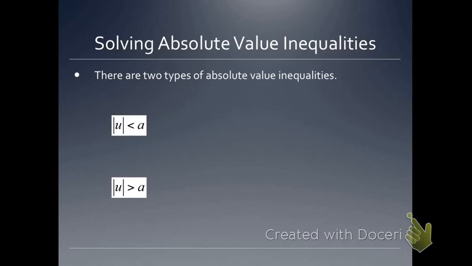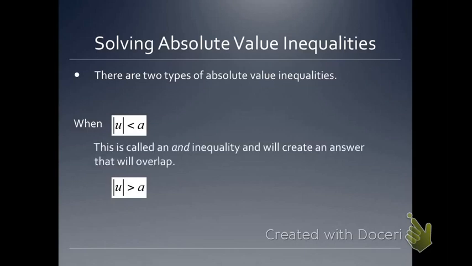So it's important to know there are two types of absolute value inequalities. We could have the absolute value less than something else or greater than. When it's less than, it is called an and inequality, and the answers will overlap.